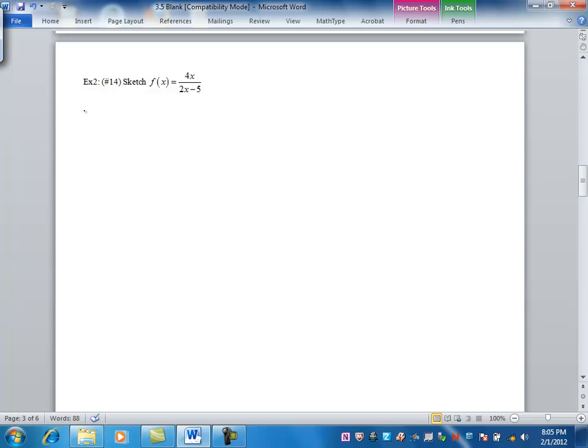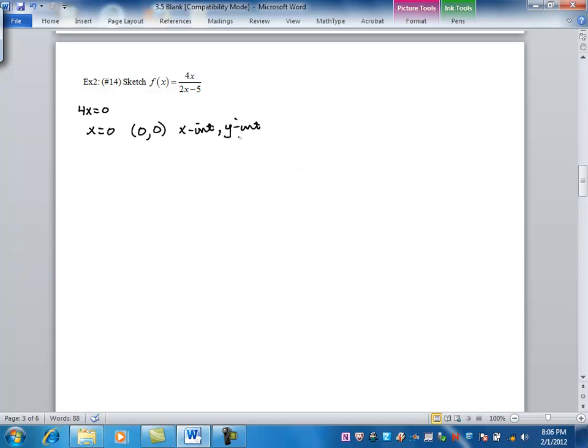I need to know where this numerator is equal to 0. 4x equals 0 when x equals 0. So if x is 0, we've got the point (0, 0). Well, here we've got a bonus. This is the x-intercept and the y-intercept. This will save us some work.